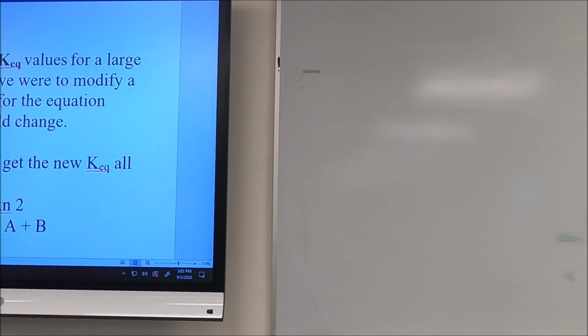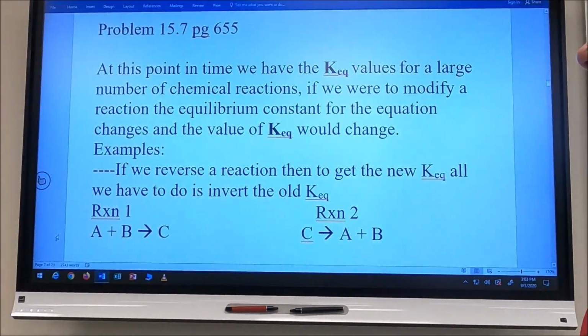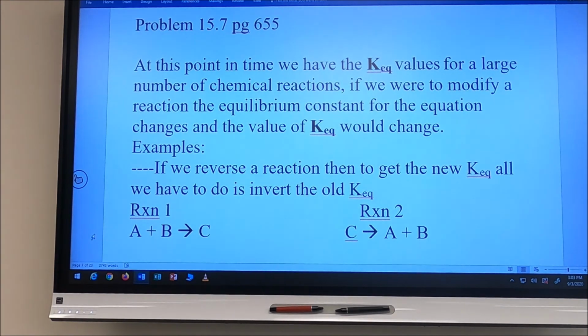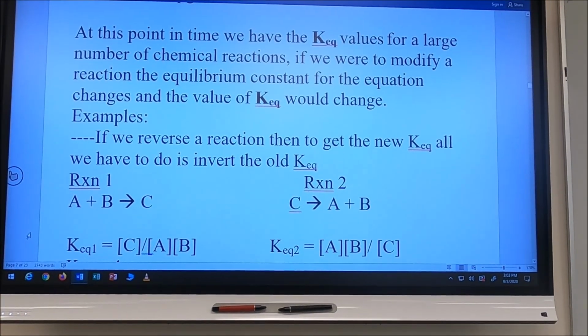Okay, at this point, what we're going to talk about is how to use reactions where we already know what the equilibrium constant value is to predict what the equilibrium constant value is going to be for a new reaction.